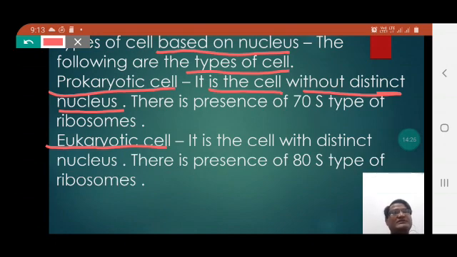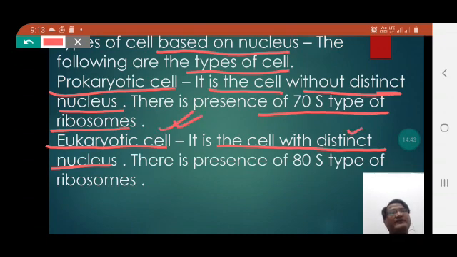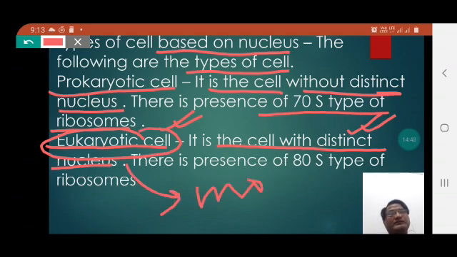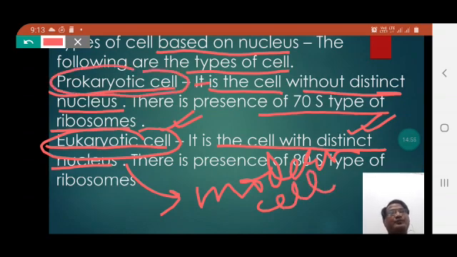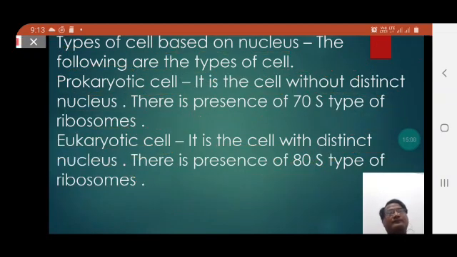There is presence of 70S type of ribosome in the prokaryotic cell, whereas the eukaryotic cell is the cell with a distinct nucleus. Students, because in the eukaryotic cell there is presence of a distinct nucleus, eukaryotic cells are also called modern cells, whereas the prokaryotic cells are called primitive cells.